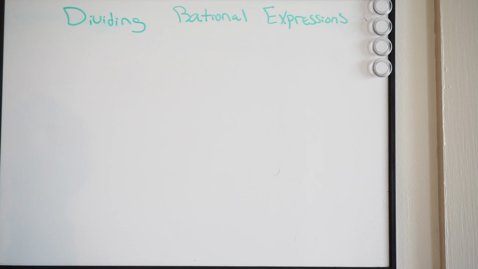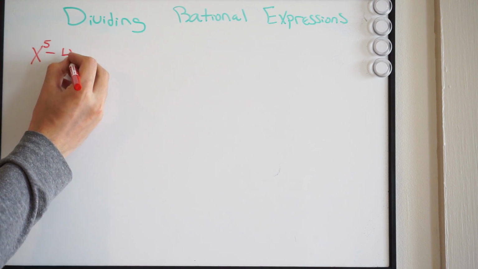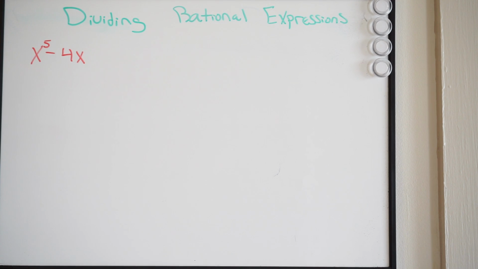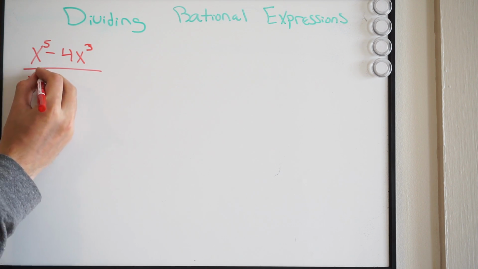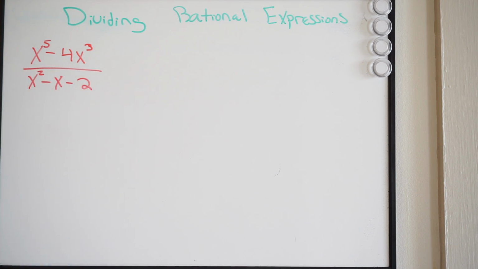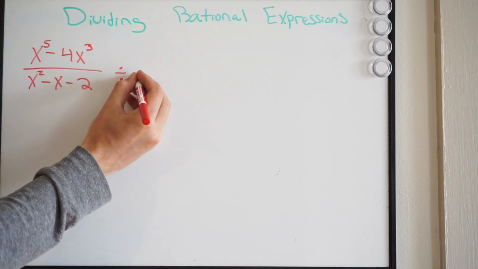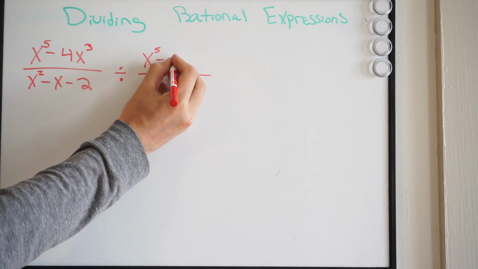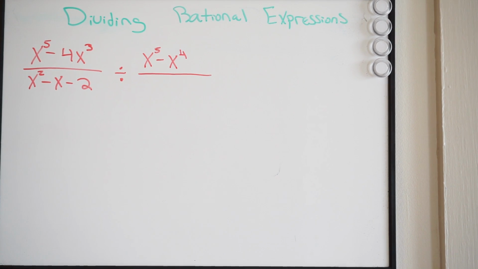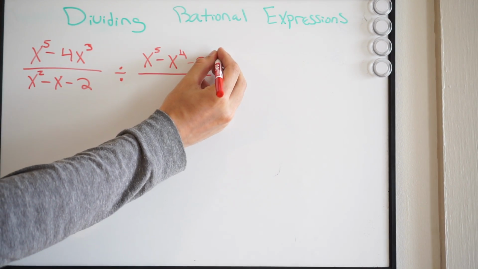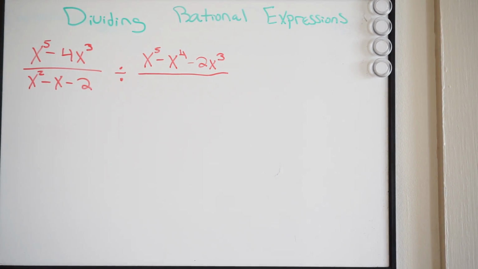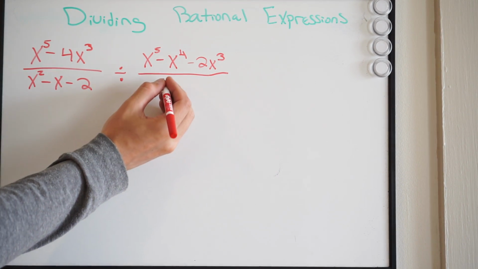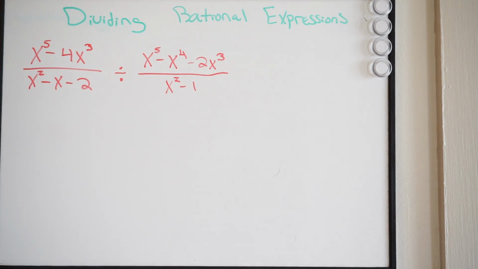So we're going to have x to the 5th minus 4x to the 3rd, all over x squared minus x minus 2, and now we're going to divide by x to the 5th minus x to the 4th minus 2x to the 3rd, and then on the bottom we have x squared minus 1.